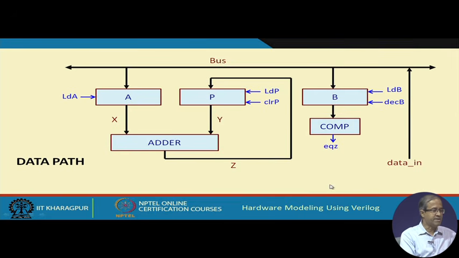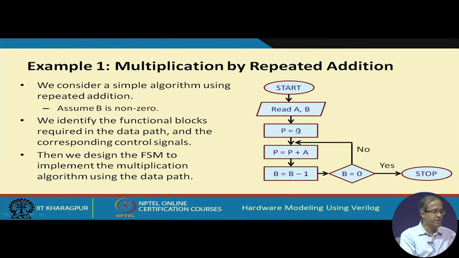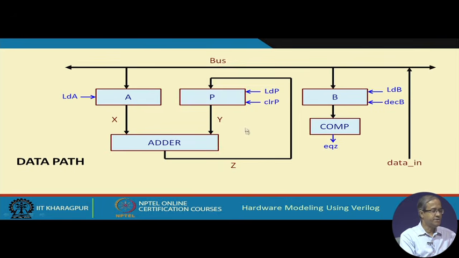Now, let us see the other requirements. We are initializing P to 0. P is another register which has a special control called clear P. If this control signal is activated, P will be initialized to 0.